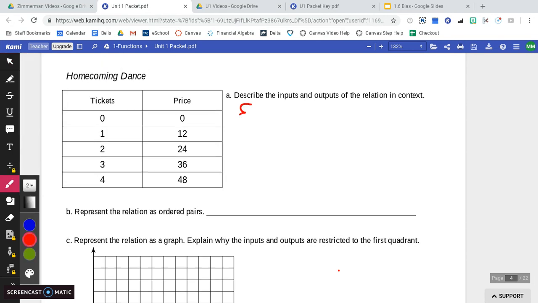So it looks like every input represents the number of tickets, probably purchased.